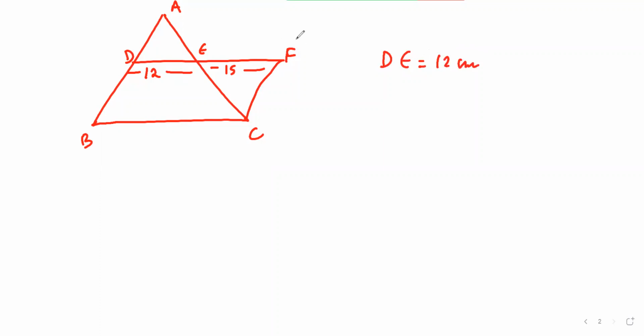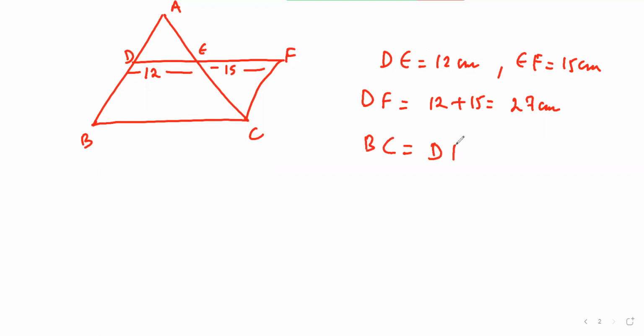I've just redrawn the figure for you. And EF is 15 centimeters, isn't it? Just add them because D, E, F are collinear. It's a straight line. So what is DF? It will be 12 plus 15, which is 27 centimeters. So what is BC? BC is equal to DF, opposite sides of a parallelogram, isn't it? They'll be parallel and equal.